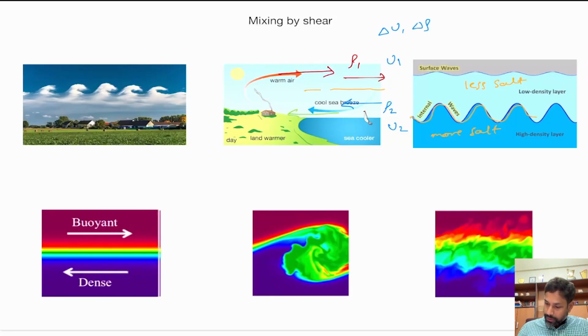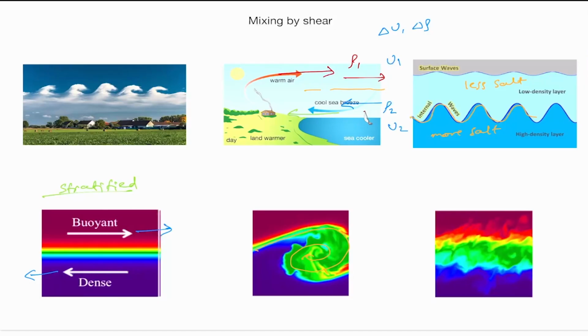So that is also shown in this simple example here. You have a buoyant fluid that is going to the right, and dense fluid that is going to the left, right? So this is going to the right and this is to the left, and they have different density. So that is a stratified medium at the moment, right? But now, because a wave is getting created, and there is overturning of the wave because of the instability, that overturning brings mixing between these two layers, right?